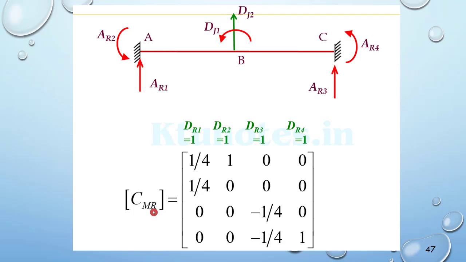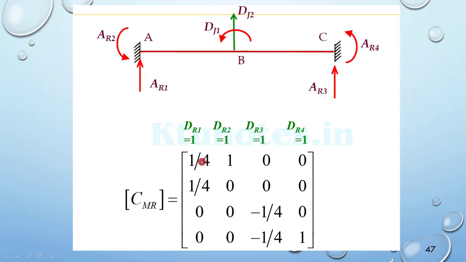So we have DR1, DR2, DR3 and DR4. They correspond to the vertical deflection of 1 unit, which will be DR1, and DR2 will be the rotation of 1 unit. Then DR3 will be the vertical displacement of 1 unit, and DR4 will be the rotation of 1 unit.